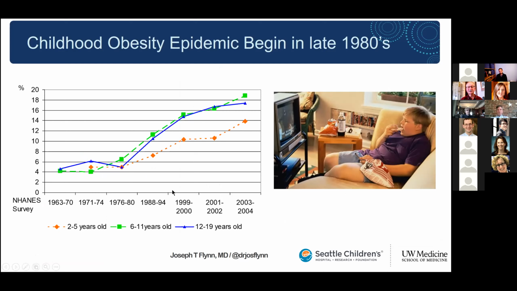And you can see here that as the data being added to the normative database were being collected, the prevalence of obesity in childhood was increasing. And there are multiple problems with that, because we know that obesity is a major driver for development of hypertension in the first place.